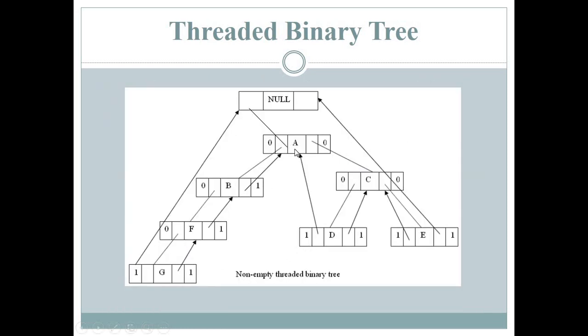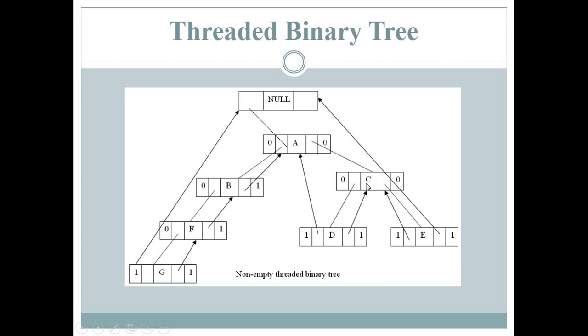Here we have the first node A, and it has both left and right children, so we will indicate 0. Let's consider B. B has a left child, so the left thread will be 0, but it does not have a right child, so the right thread part will be 1.